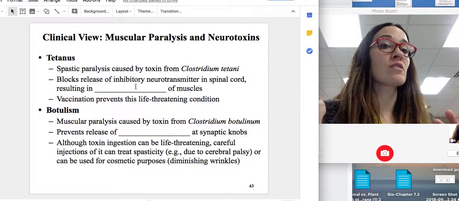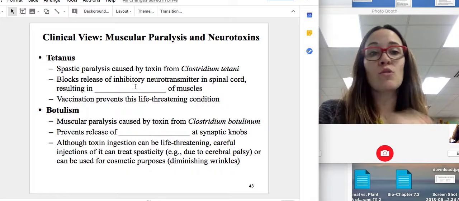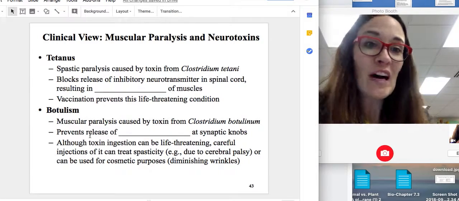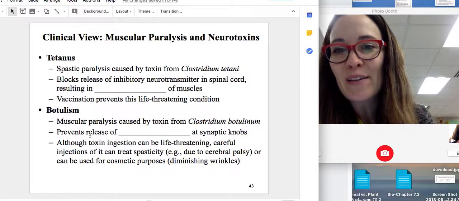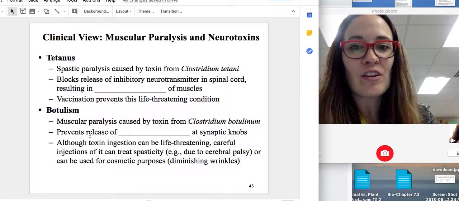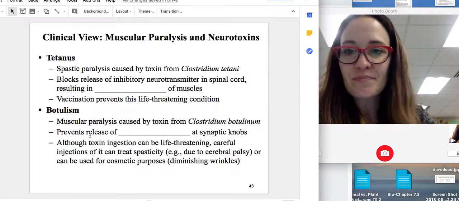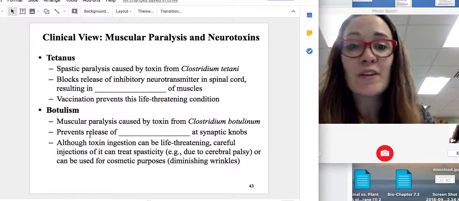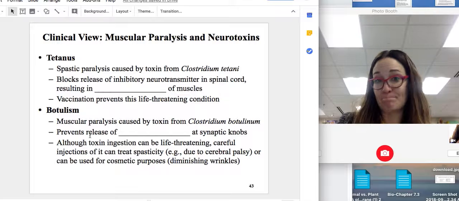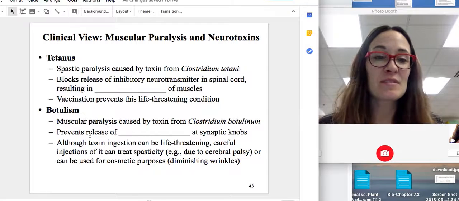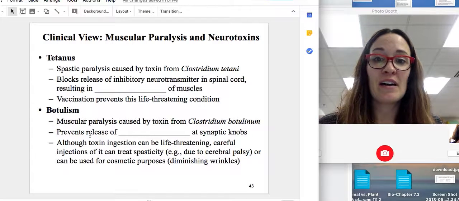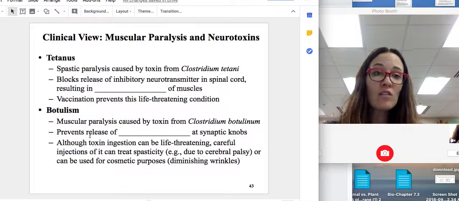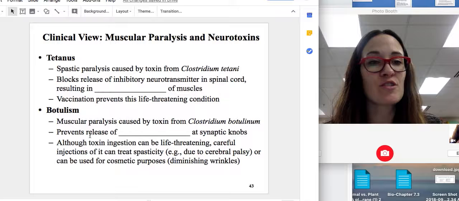The muscles are totally contracted, stiff as a board, the body is. Botulism is also caused by a bacterial toxin called Clostridium botulinum, and it prevents the release of that neurotransmitter at synaptic knobs. It can be very harmful, but this toxin can also serve some good purposes.